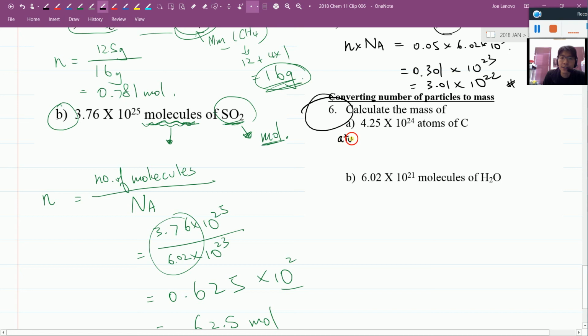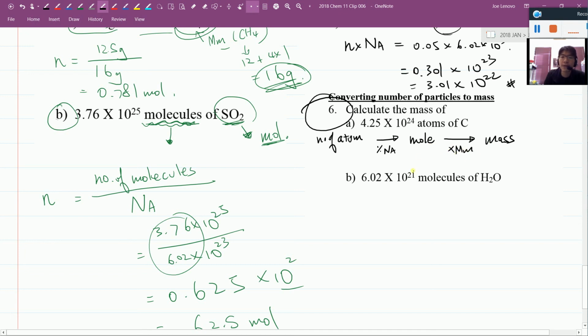So from the number of atoms that you have, find the number of moles, then find the mass, which is the opposite direction from when we started with the mass and went to the number of atoms. Number of atoms going to mole, you divide by the Avogadro number. For the mole going to the mass, you times it by the molar mass.